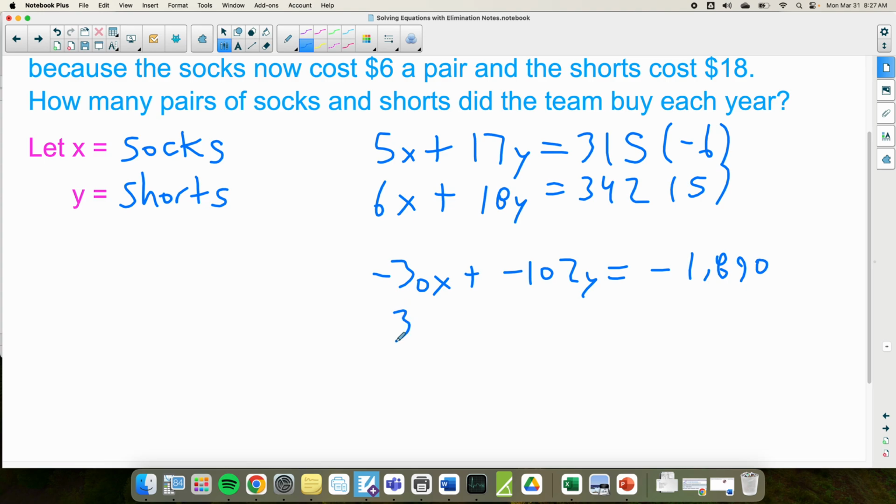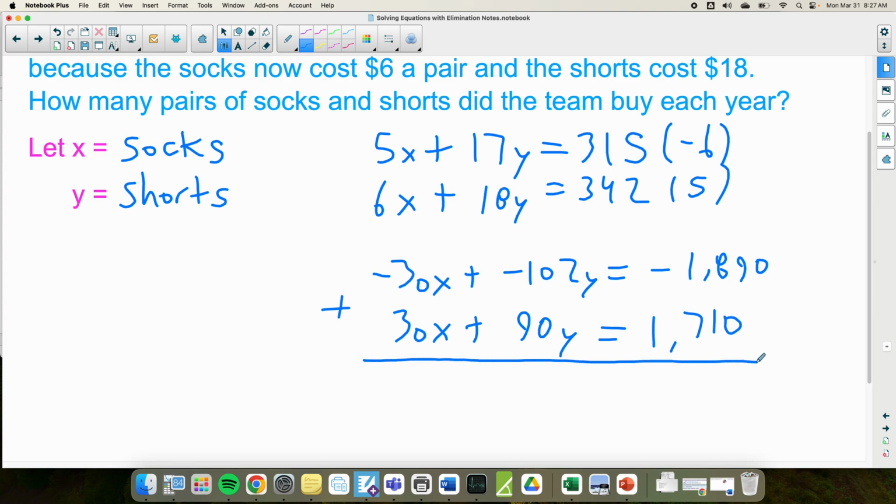Here we have 30x plus 90y equals 1,710. So now we can add those. So negative 30x plus 30x is 0.